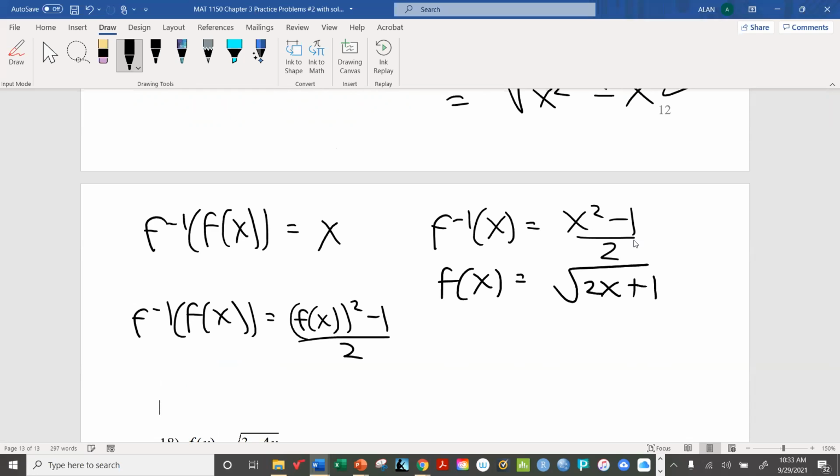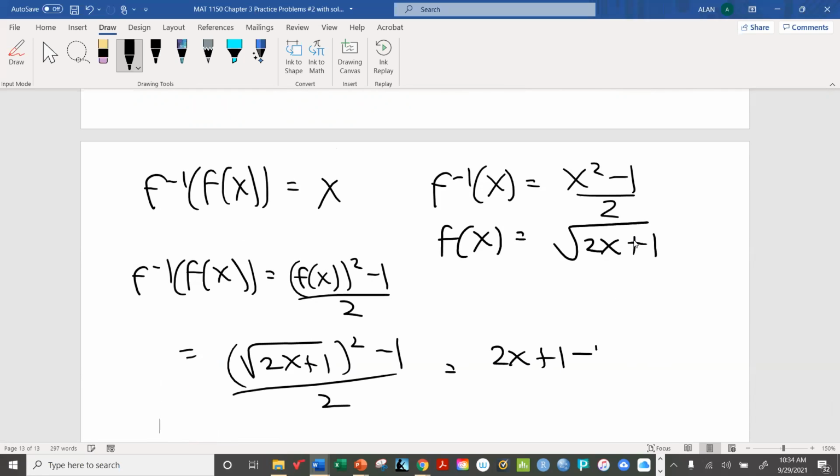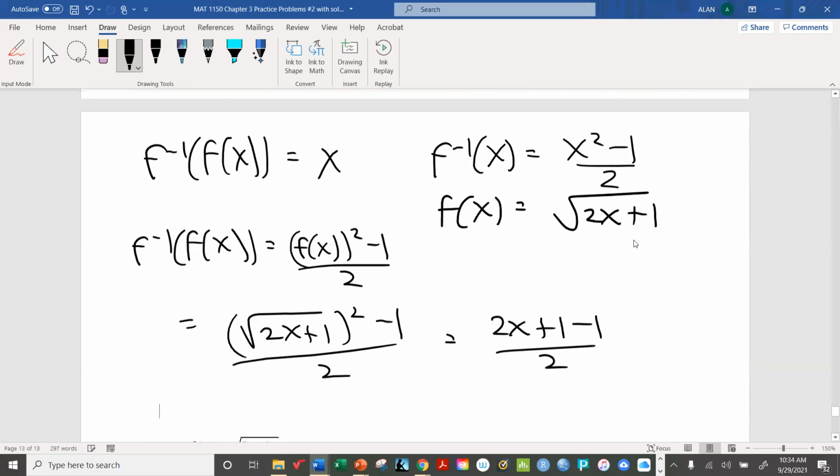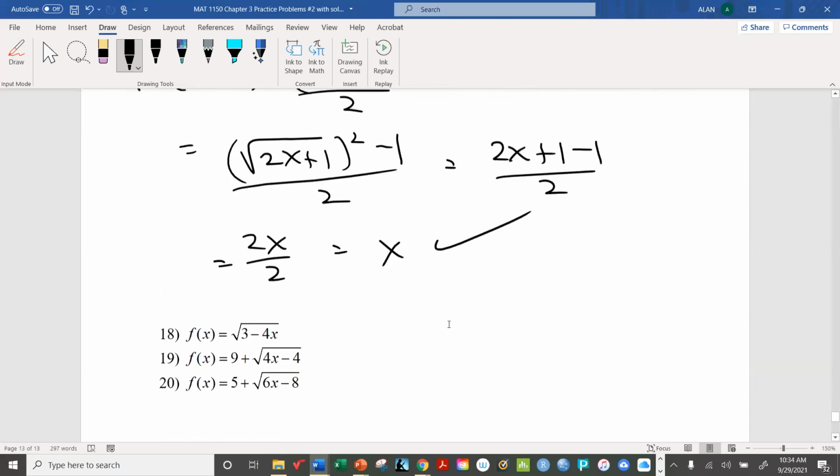So the x squared becomes f of x squared. So we're going to have radical 2x plus 1 squared minus 1 over 2. Now the square root squared is just whatever's under the square root sign. So we're going to wind up with 2x over 2 equals x. All right, so that means we did it correctly, which is a relief to know.